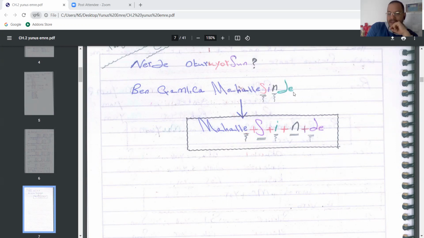Mahalle sinde. Actually, it's just mahalle. After that, I put S and delta. This delta is I because at first I have E, so in Turkish language I put this wall between these two vowel letters.